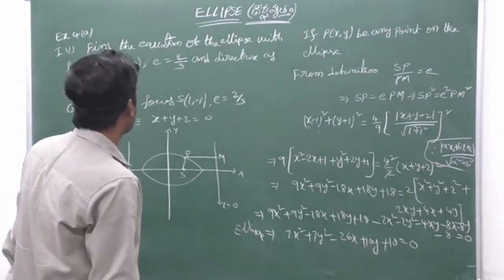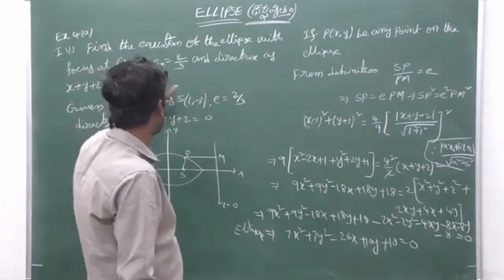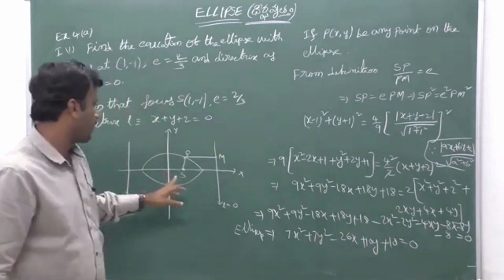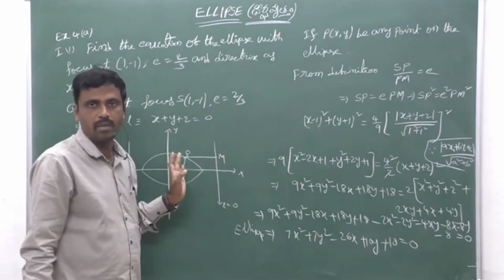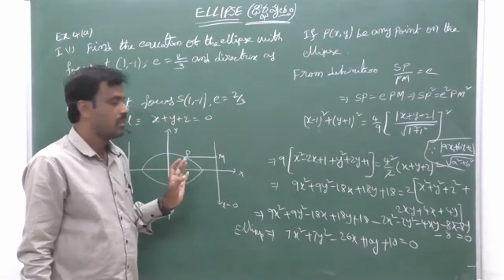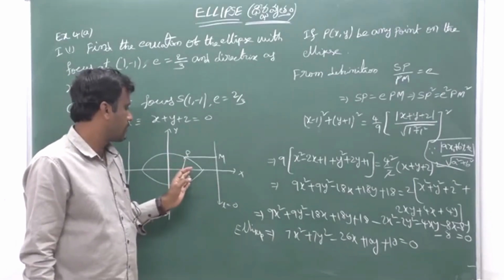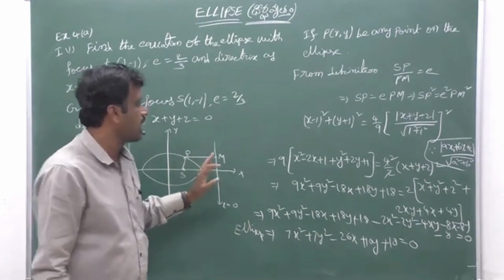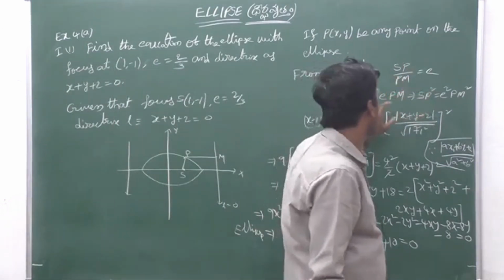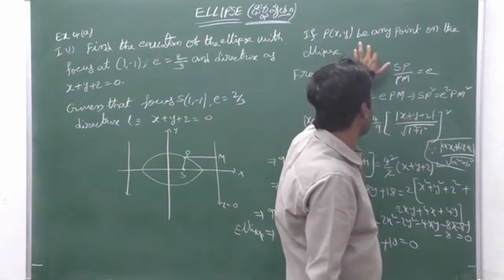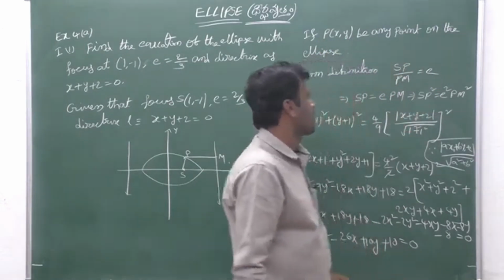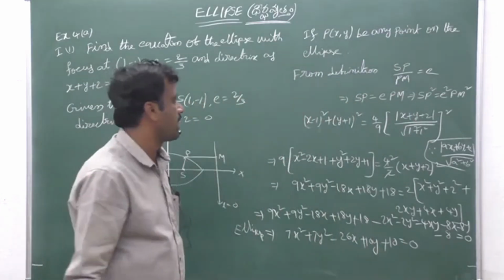So, find the equation of the ellipse with focus (1, -1), eccentricity 2 by 3, directrix x plus y plus 2 equal to 0. From the figure, SP by PM equal to E, because of the definition of conic: the distance from a fixed point to a fixed line is constant. Whereas P is (x, y), any point on the ellipse, SP equal to E PM, SP square equal to E square PM square.